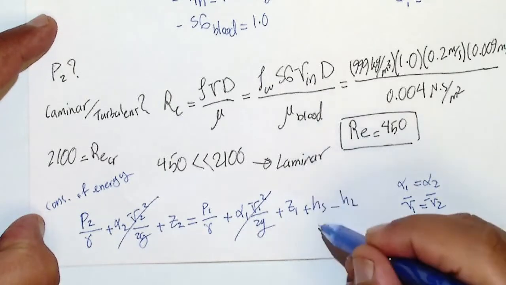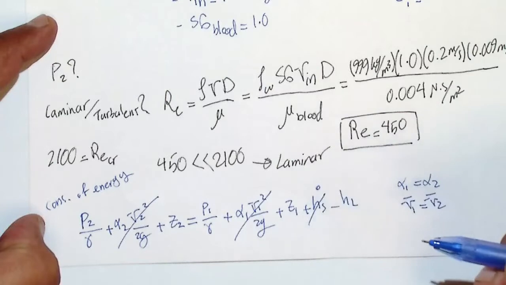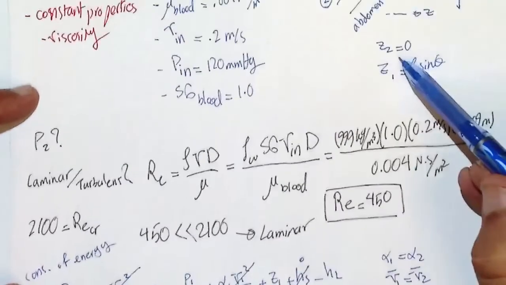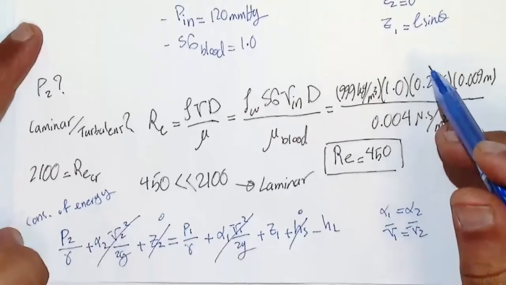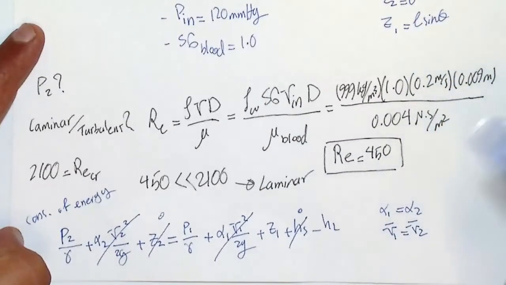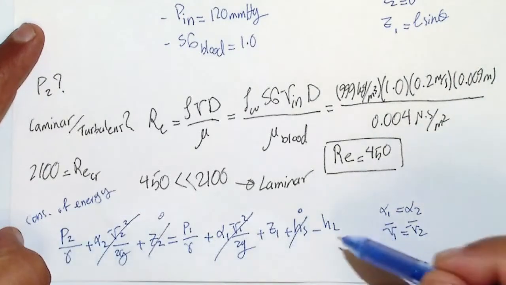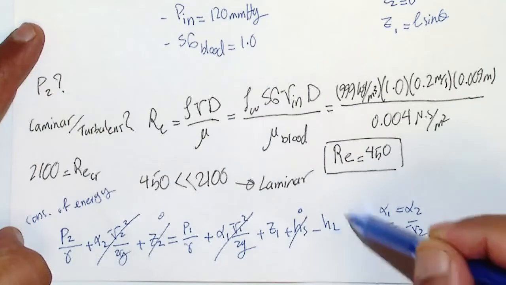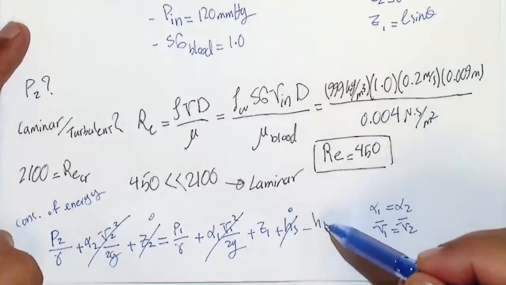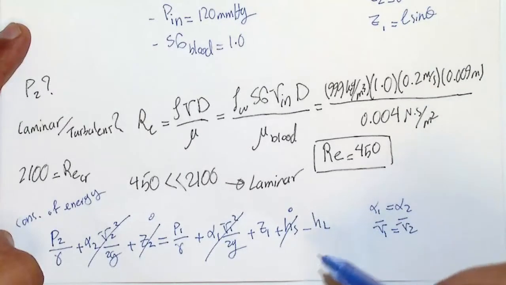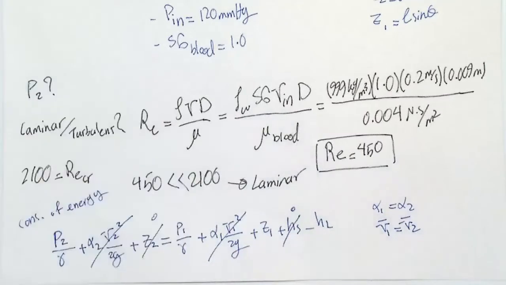Also you don't have any work here, so HS is going to be 0, and you assume Z2 is 0. P1 and gamma are known, but P2 is what you are asked to find, and the only term you don't know and have to find is HL, because Z1 is L sine theta, right? So for now, we rewrite this equation here.